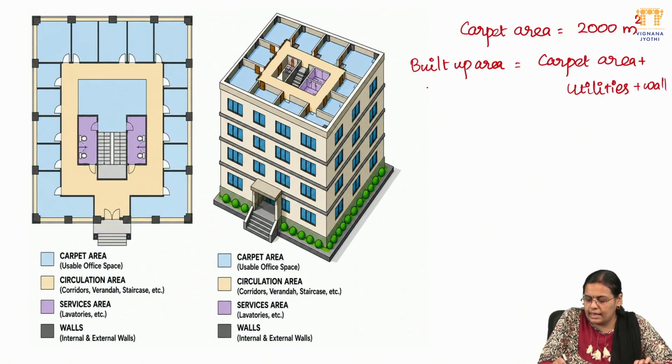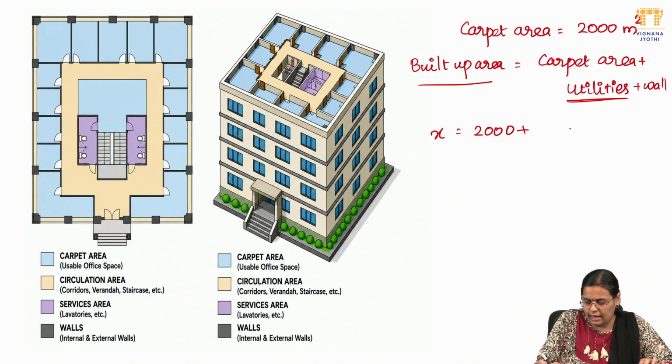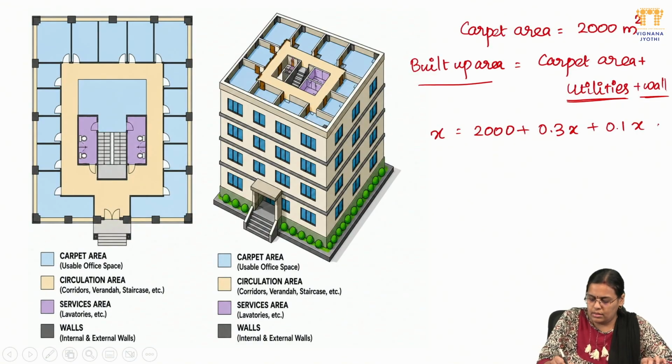Okay, so let us take this built-up area as X and carpet area equal to 2000 meter square as given in the problem, and utilities like your staircases, veranda portion, everything is around 30% of X, which is 0.3 times X, and wall occupies 10% of your overall built-up area, so 0.1 into X. So 0.6 times of X is equal to 2000.